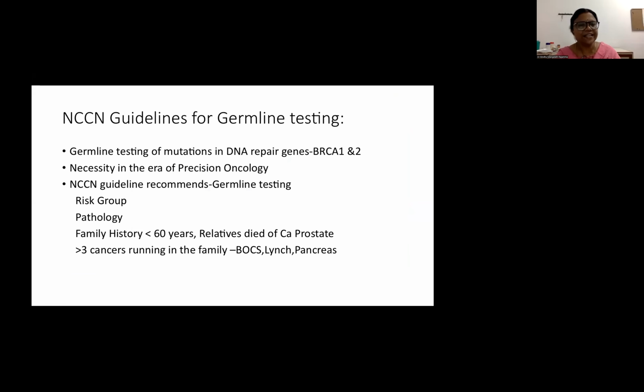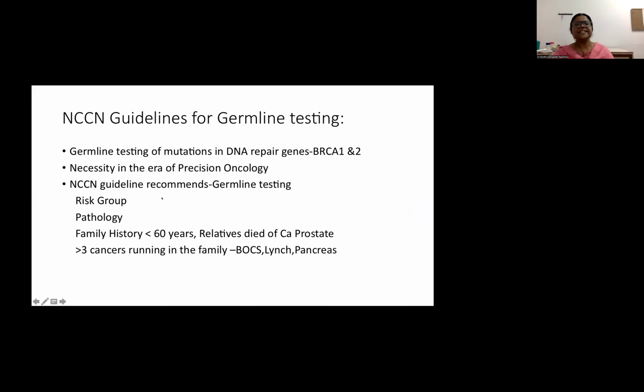And the NCCN guideline, the National Comprehensive Cancer Network guideline for the prostate, has come up with a guideline for germline testing in prostate cancer. So the germline testing includes testing for mutations in the DNA repair genes, that is BRCA1 and BRCA2, which is a necessity in the era of precision oncology.